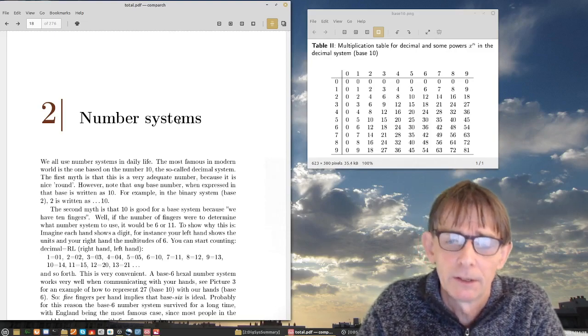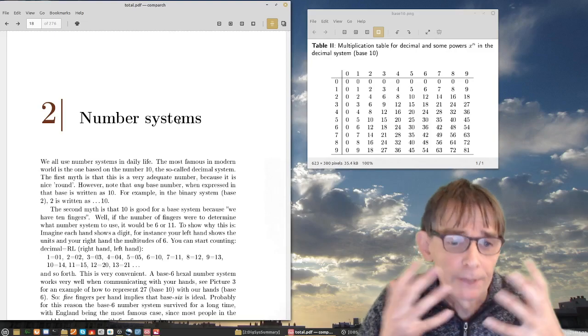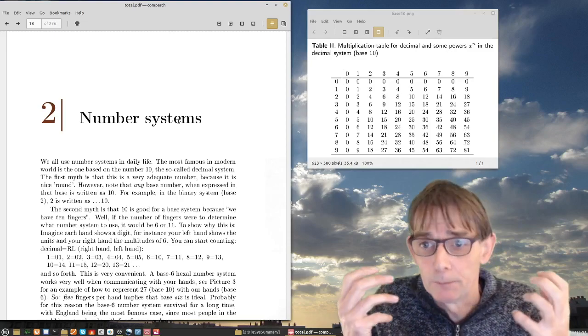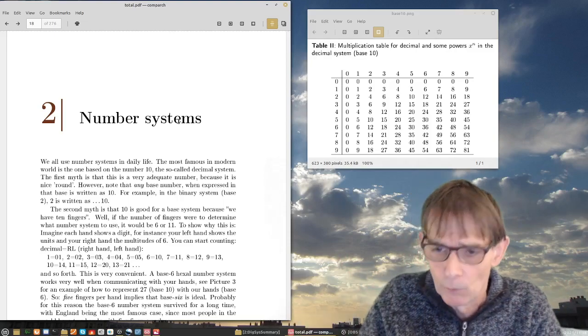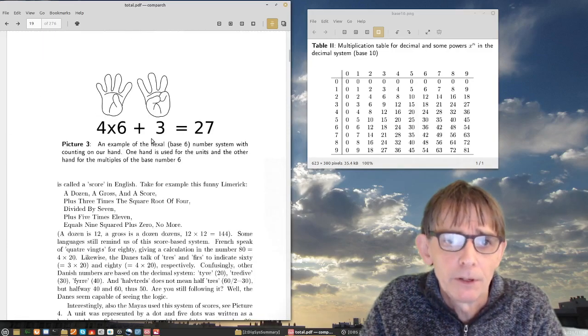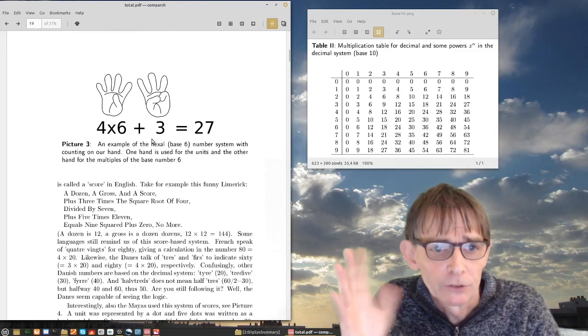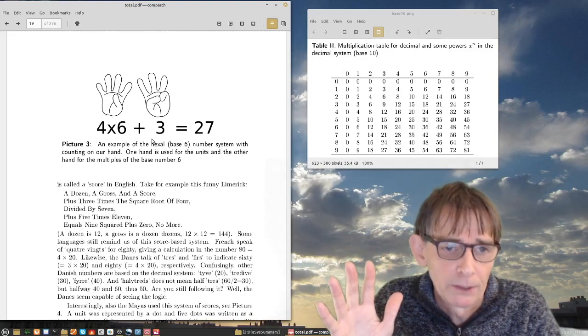The other thing I hear is that because we have 10 fingers, it would be good to use 10 as the base. Not really, because take a look at this. Because we have 5 fingers on a hand, the best system would be 5 plus 1, that's 6.